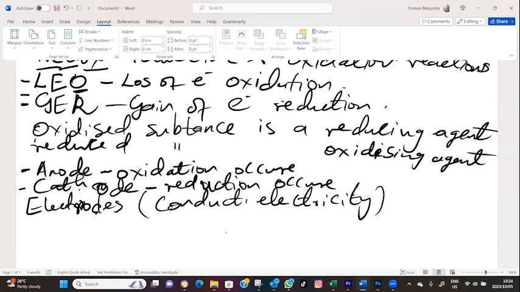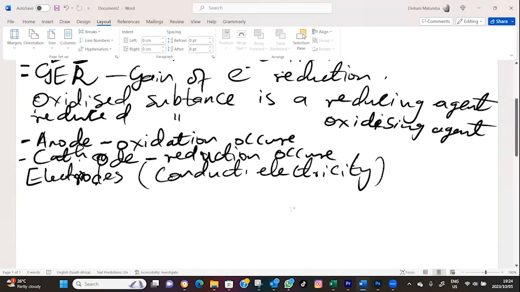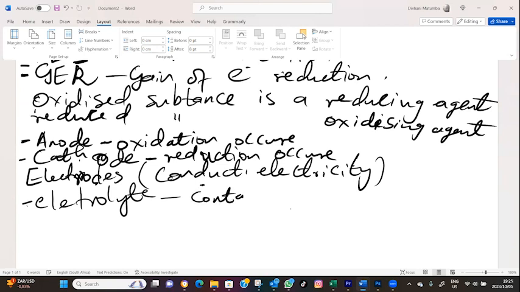We're going to talk about them in detail later on. So we have electrodes, and we also have electrolyte. The electrolyte is a solution that contains ions, and those ions conduct electricity.